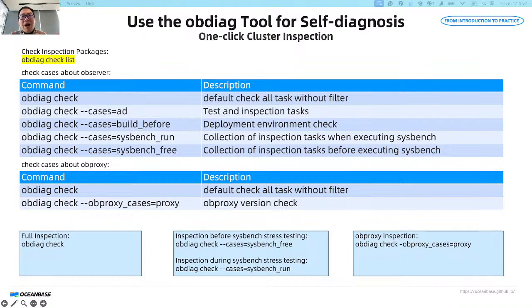When the user environment is a specific scenario, such as a Sysbench environment, we can define parameters like sysbench run and sysbench free to collect the diagnostic tasks either during or before executing the Sysbench command.